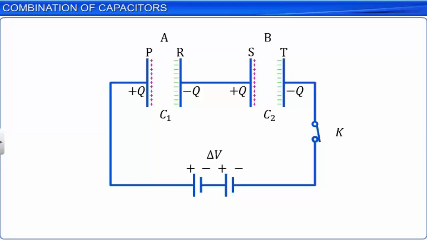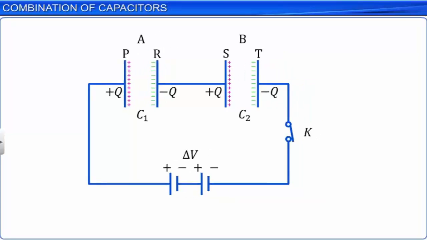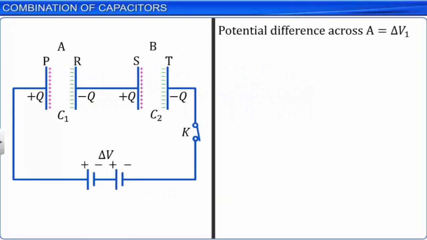Let the potential difference across the capacitors A and B be delta V1 and delta V2 respectively. The relation between the capacitance of a capacitor C, the charge Q accumulated on it, and the potential difference across its plates delta V is given by Q is equal to C delta V. Let this be equation 1.